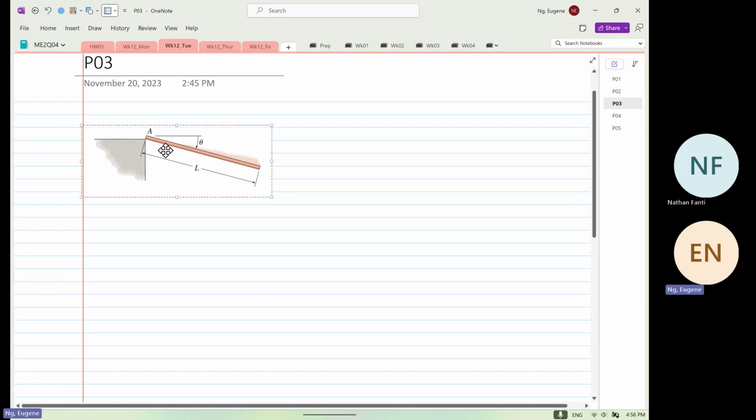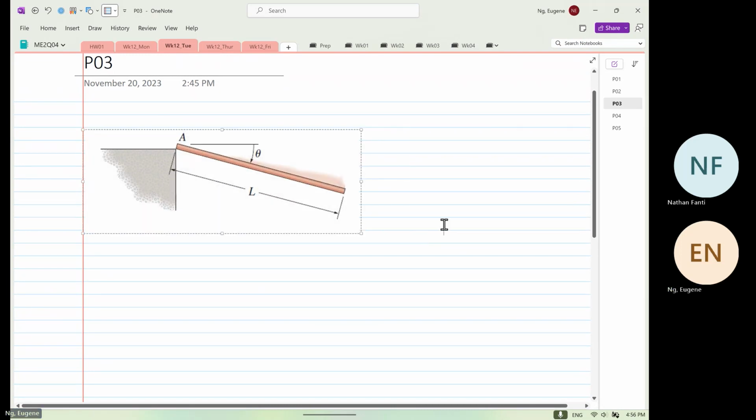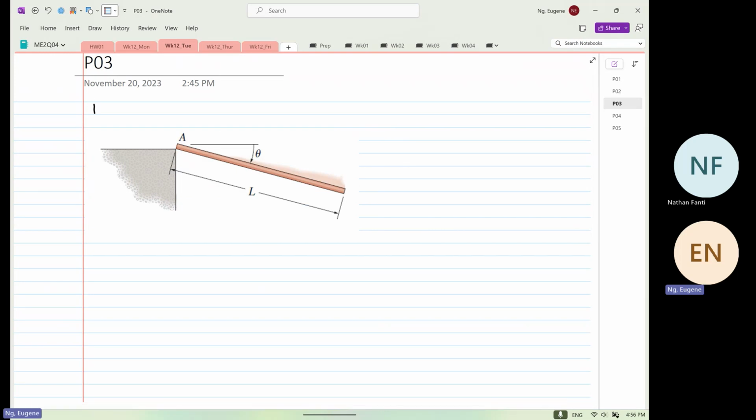So like before, this is our force. How will this beam be falling? Clockwise or anti-clockwise? Clockwise. So when it's clockwise, we know that this direction will be our alpha.